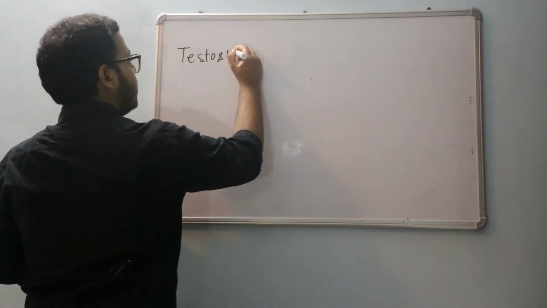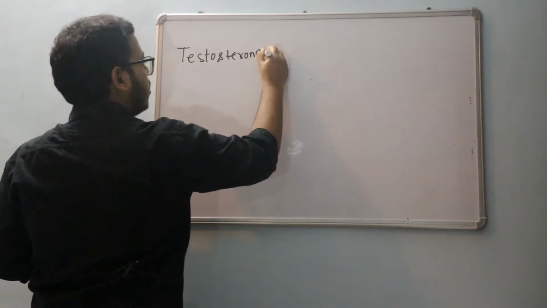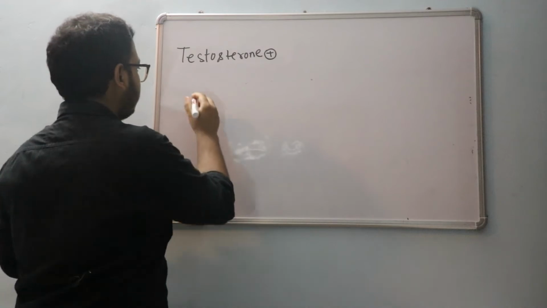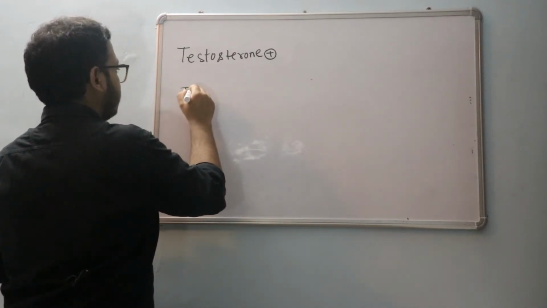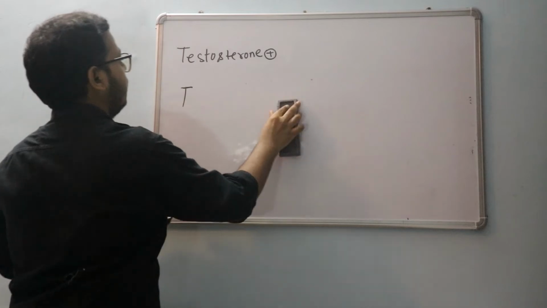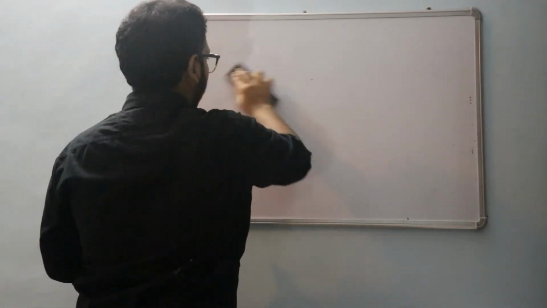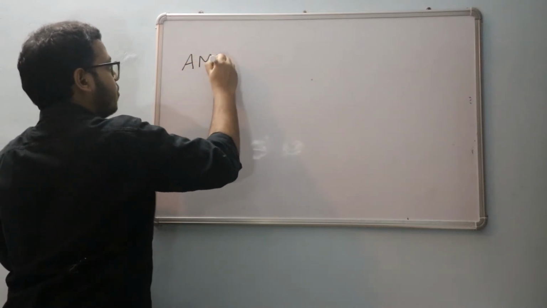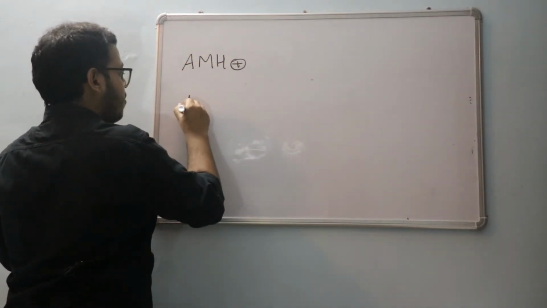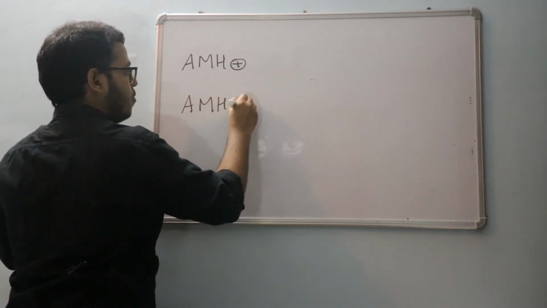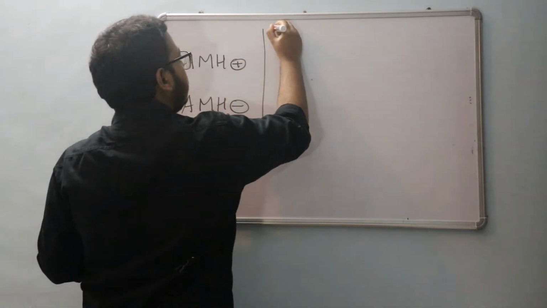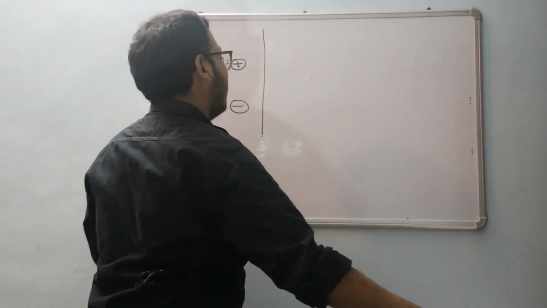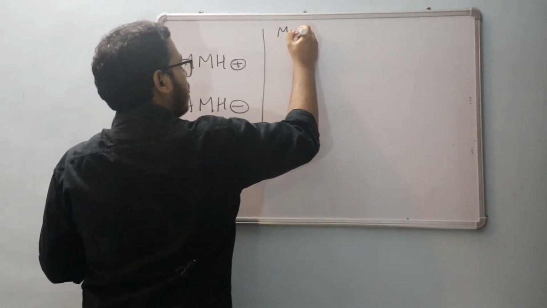If testosterone is present, let us discuss something, that is, if AMH is present, if AMH is absent, so what happens to the Wolffian duct? What happens to the Mullerian duct?